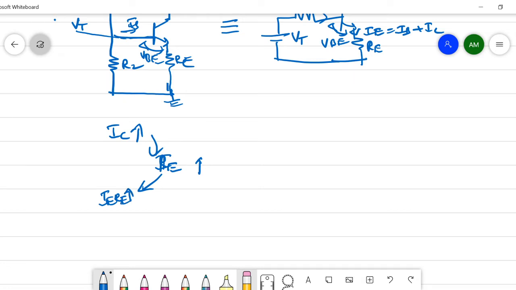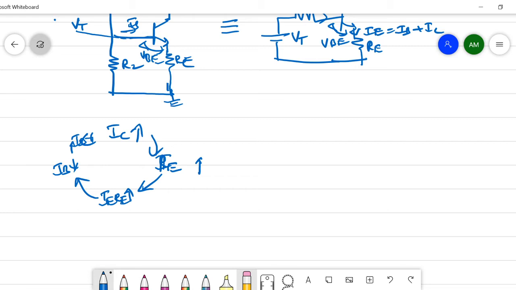Thereby the base current is decreased. When the base current is decreased, automatically IC is also decreased, so IC is maintained almost constant. Is it clear?